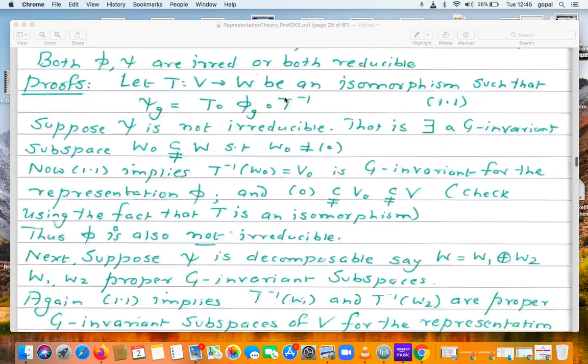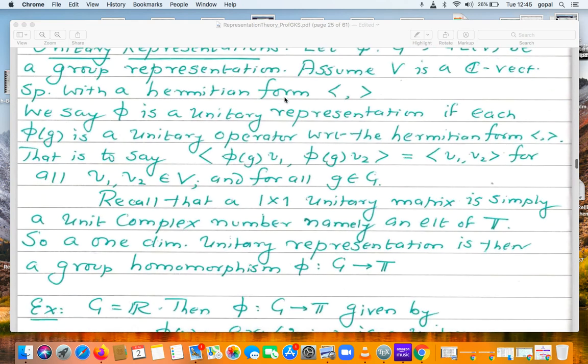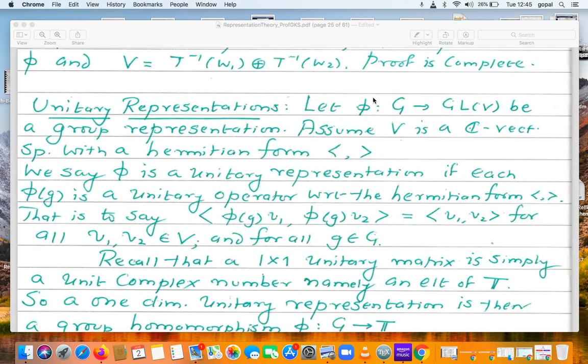Then there is the notion of unitary representations. So a representation is a map from G to GLV. Now if V is a complex vector space endowed with a Hermitian form, then instead of working with general GLV, I can ask whether I can work with unitary operators.